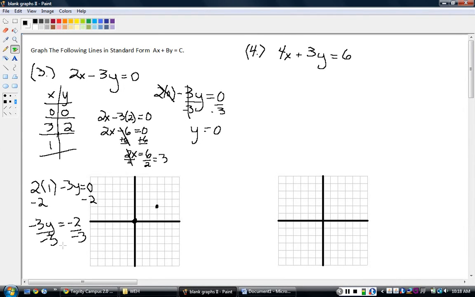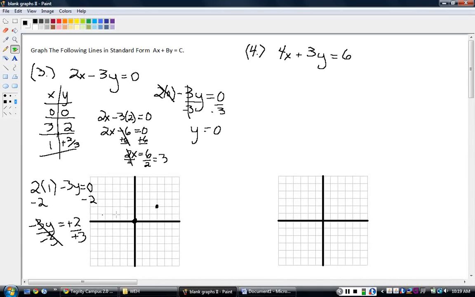And that's okay, we're going to have to be able to deal with those sometimes. So y equals negative 2/3. Oh, I'm sorry, positive 2/3. I made a mistake there. Negative 2 over negative 3 is positive 2/3.